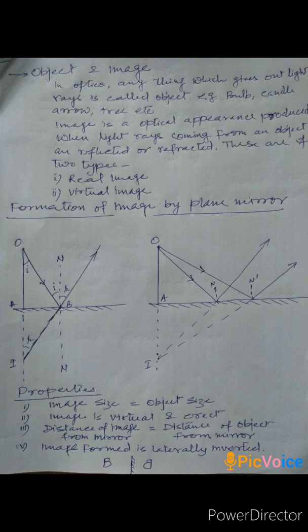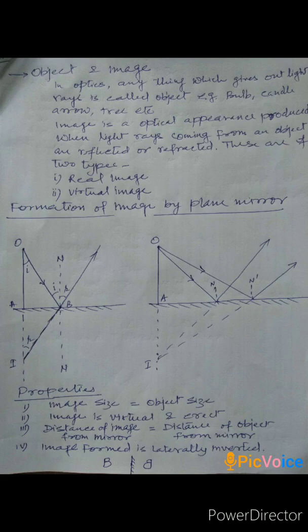For example, a glowing electric bulb, a lighted candle, arrow, tree, etc. On the other hand, an image is an optical appearance produced when light rays coming out from an object are reflected or refracted. These are of two types, real image and virtual image.